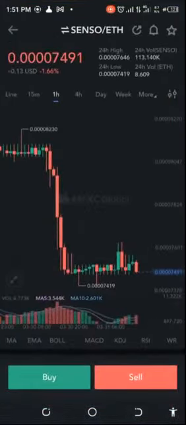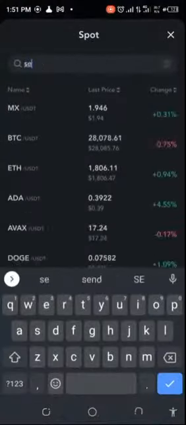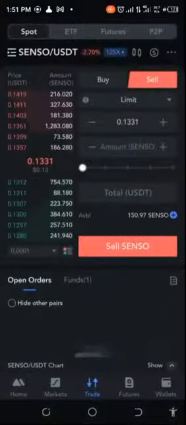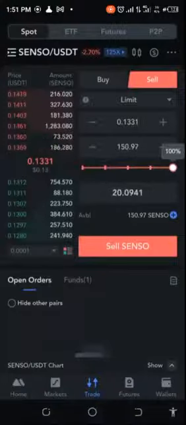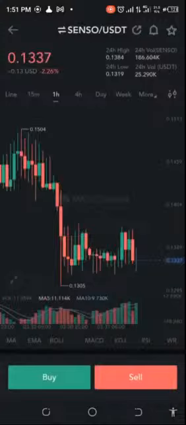No. So if I go back to my Senso USDT, okay, so one or two things could happen. If I try to sell back to USDT, let's see. It's really gone low. What's going on here?